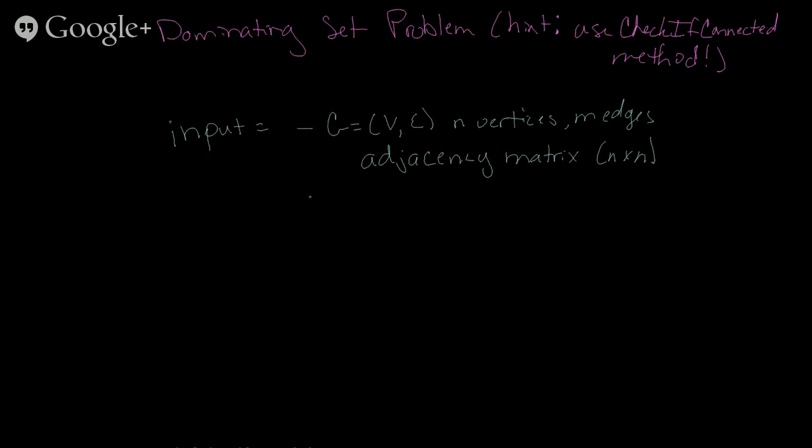Your other input that you need, obviously, is the candidate solution. And it would probably be helpful if you knew what K was, because part of the problem was finding a dominating set, a list of vertices that was equal to the number K. So you need to know what the number K is in order to check it. And C probably here is just going to be a list of vertices, right? Because all you have to do to solve the dominating set problem is pick some vertices.